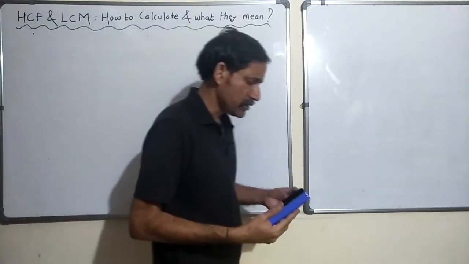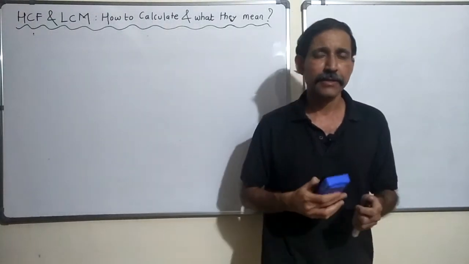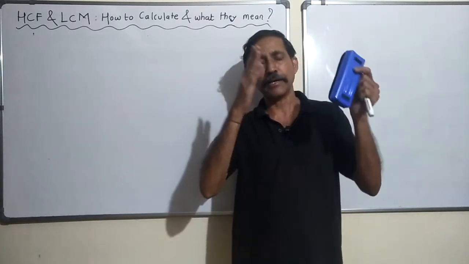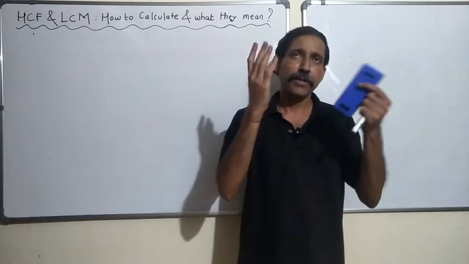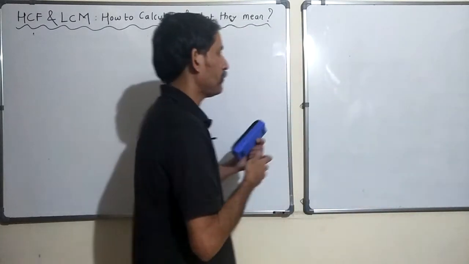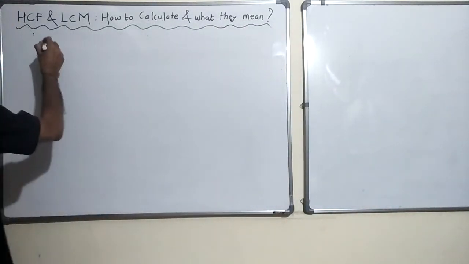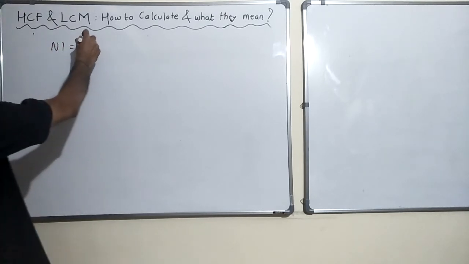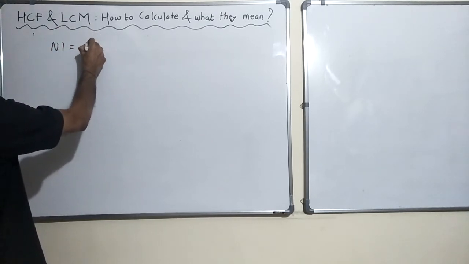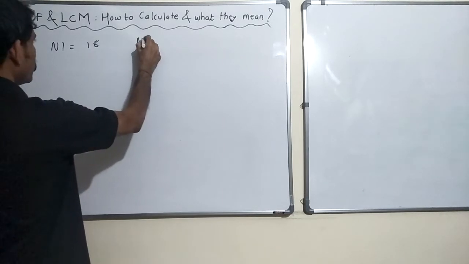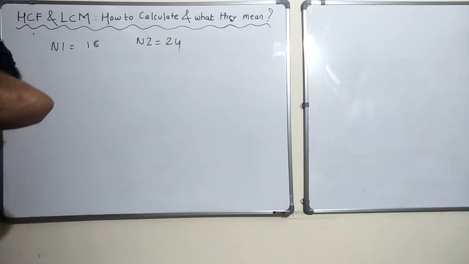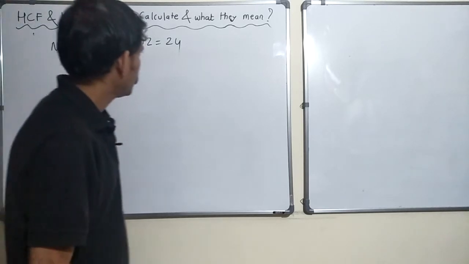Now, also you would have learned, right, that there are some questions that come in the exam. They say, okay, there are 2 numbers. Let the first number be 18, okay, and the second number 24, okay, right.